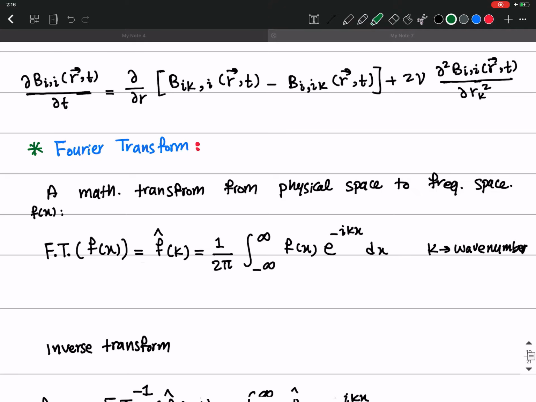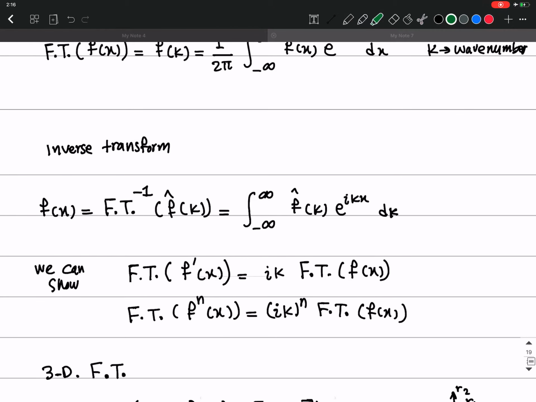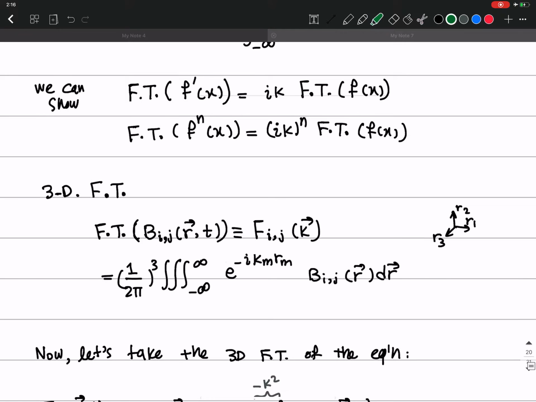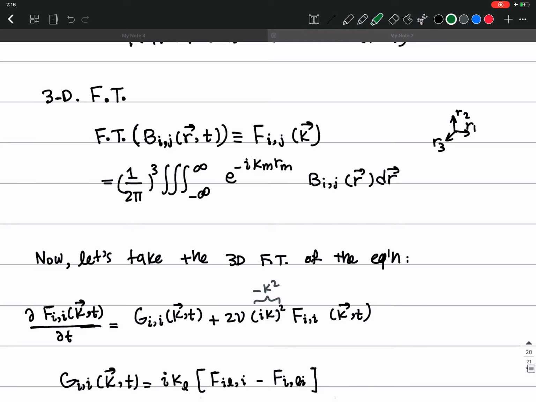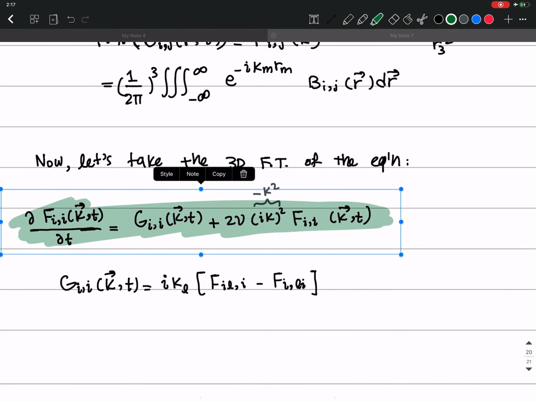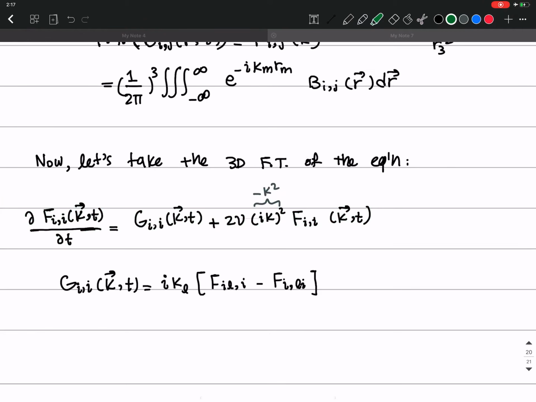Then we defined the Fourier transform to further simplify this equation and get rid of the spatial derivatives. Once we take the 3D Fourier transform of the equation, we get this equation, which is now much simpler than the earlier equations. We are going to investigate it further in the next lecture, where I am going to define a 3D spectral function to further simplify this equation and to gain some insights into its dynamics.